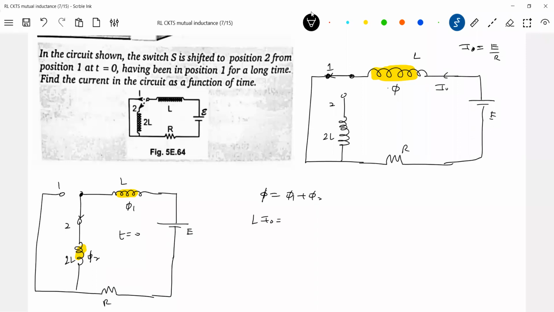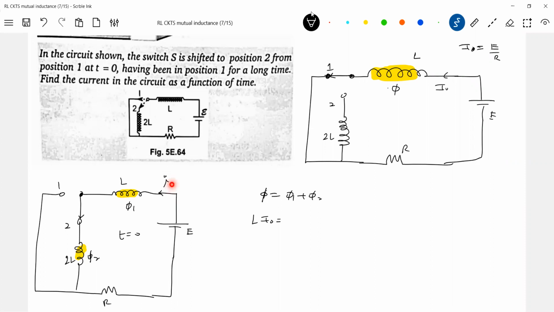Now what will happen? A current will flow. I'll call that I1, since we already chosen I naught as a symbol, otherwise you'll get confused.